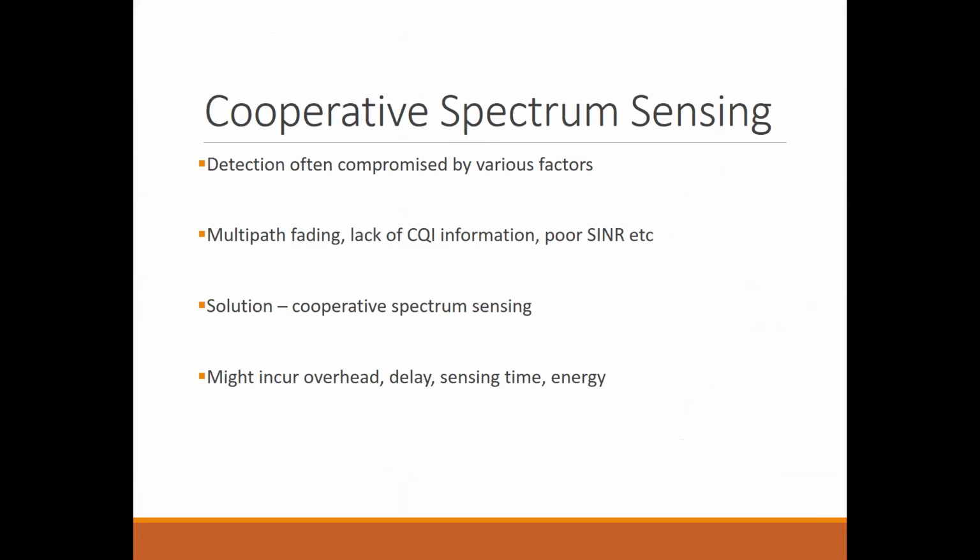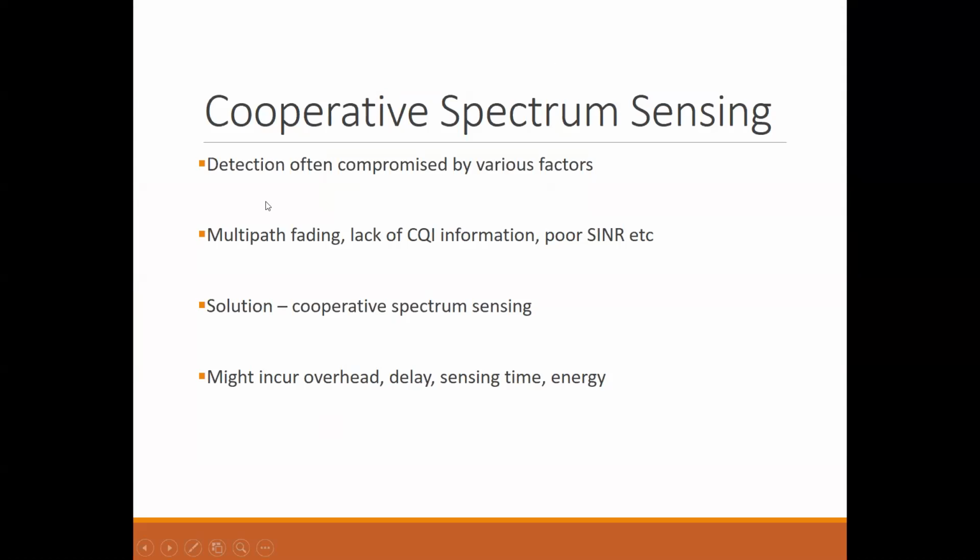Another aspect of spectrum sensing is cooperative spectrum sensing. As we have already discussed, we have several nodes, relays, everything here. Rather than every cognitive user independently estimating the spectrum, can I make use of the several nodes with some cooperation among them and come up with some kind of joint approach? That is cooperative spectrum sensing.